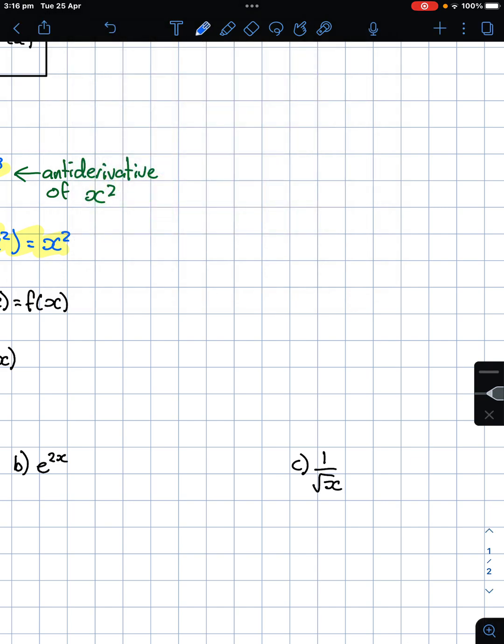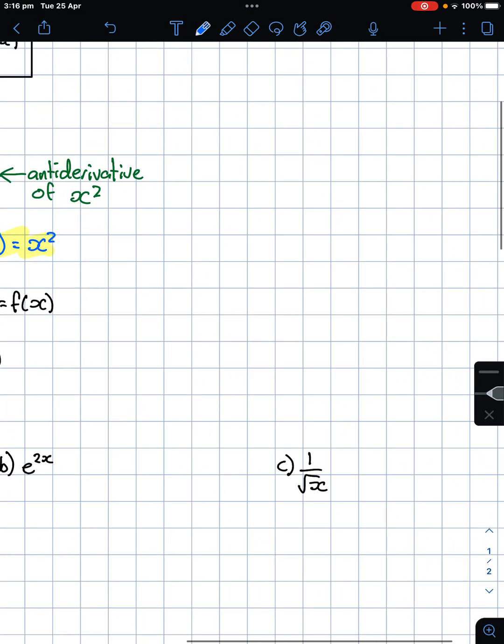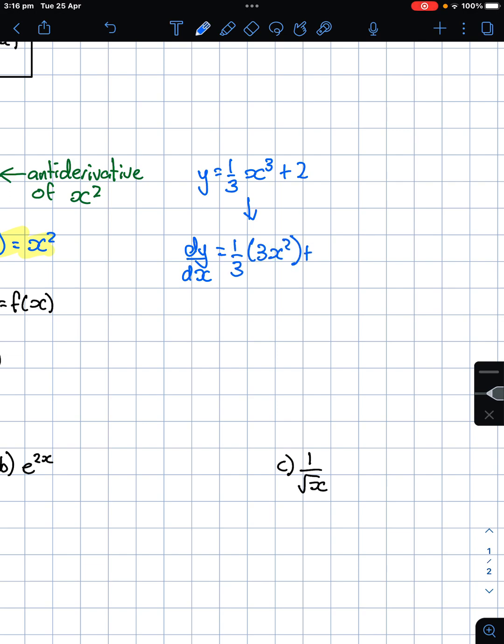But we should notice here that if I have y equals 1/3 x cubed, and then I add a constant, I'm just going to use 2 for this. If I take the derivative of this, it equals 1/3 times 3x squared plus 0. These will cancel, and it also equals x squared.